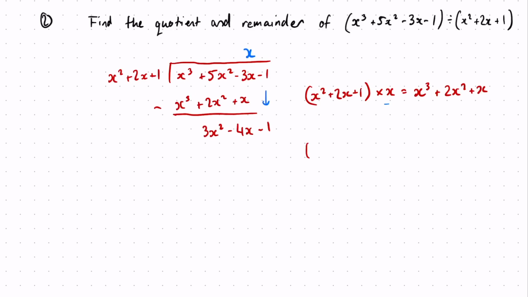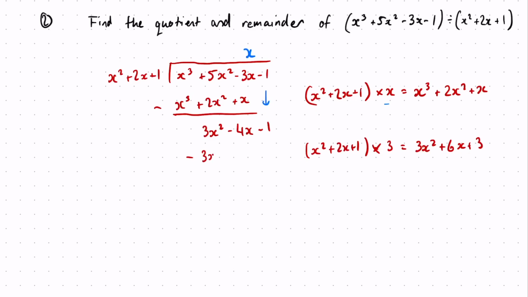What do I need to multiply x squared plus 2x plus 1 by to get a term involving 3x squared? Well, that would be multiplying it by 3, which is going to give me 3x squared plus 6x plus 3. That's what I'm going to take away.